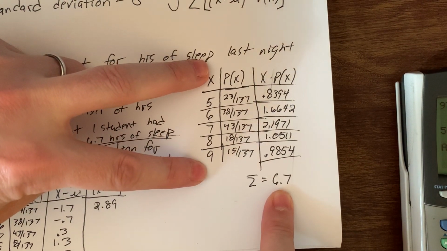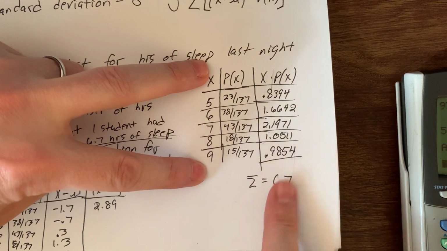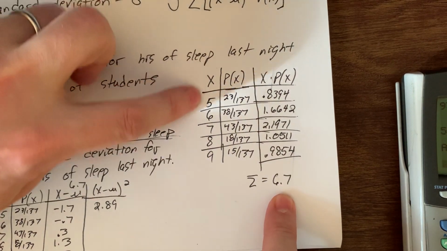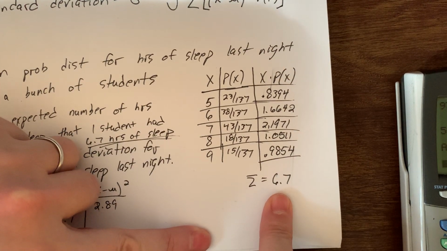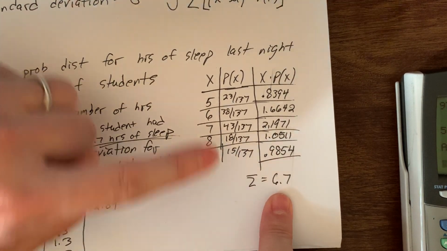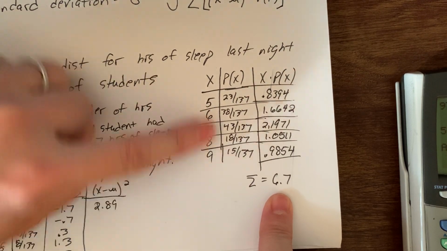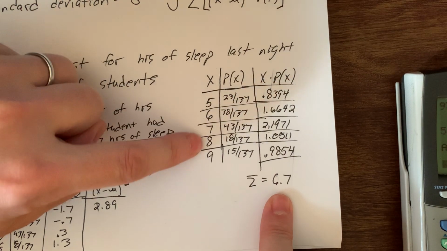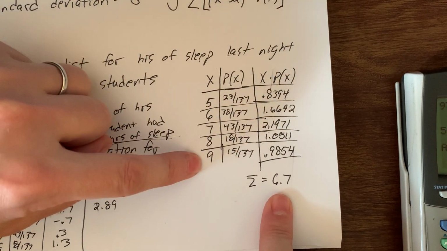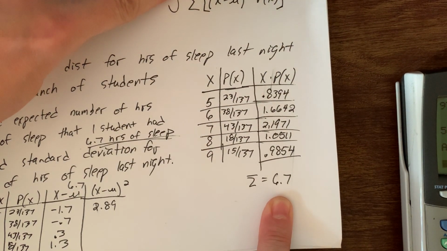We didn't have anybody sleeping that little or that much. So in this type of problem, just looking at the x values we have, that average should make some sense. But realize it was not so easy to just add these x's and divide by 5 because there's 5 of them. We had to take the probability. These were not all equally weighted, so that's why this formula had this little extra bit too.